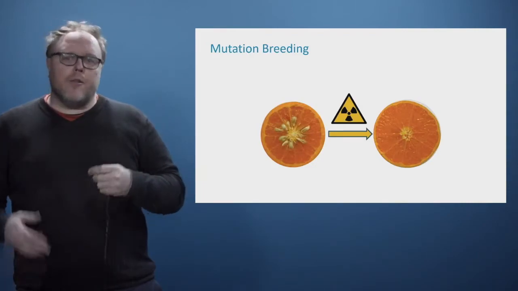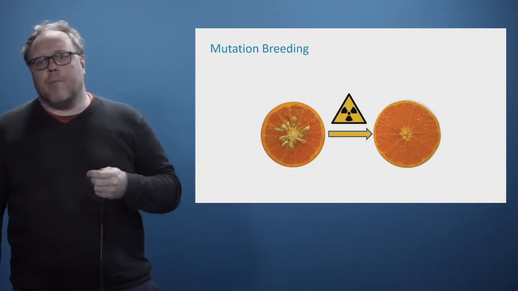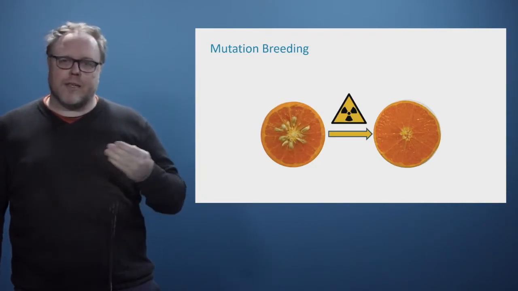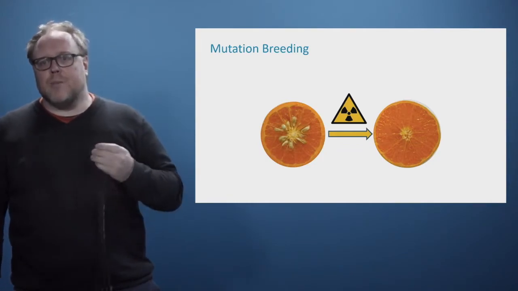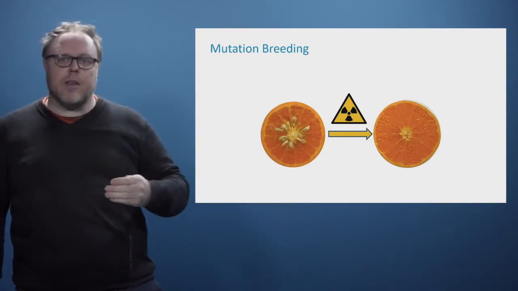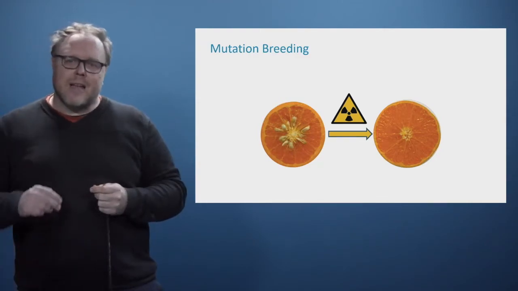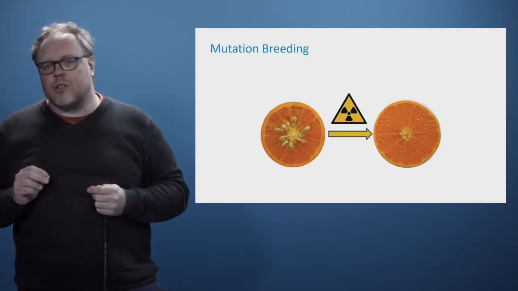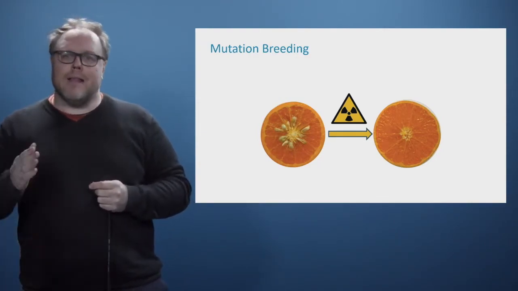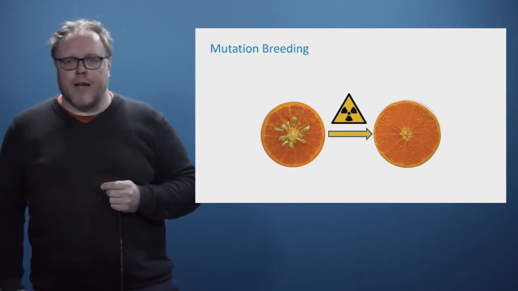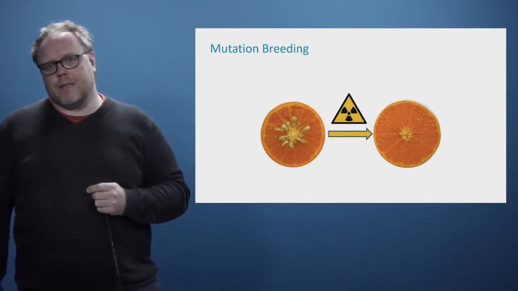So in the past, other strategies have been employed to improve this. For example, this citrus has been exposed to radioactivity or to chemical compounds in order to induce mutations within that genome that result in desired traits, here a reduction in pits.